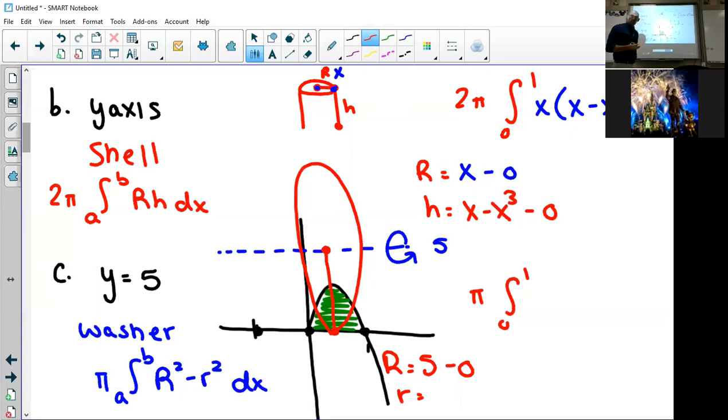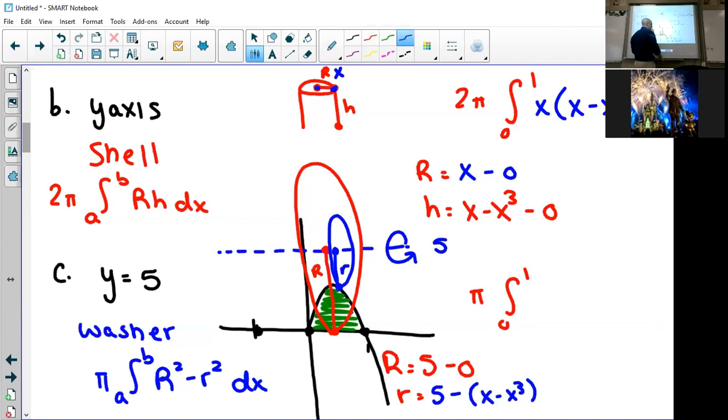And little r, we still stay on that axis and go down until we hit our first line. There's our little r, and that makes the little inside circle of our washer. The red line is the big R, and the blue line is our little r. The blue line, top minus bottom, is 5 minus (x minus x cubed). Now we put that into our formula.